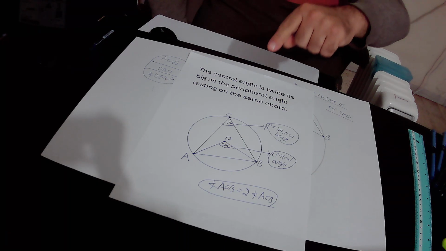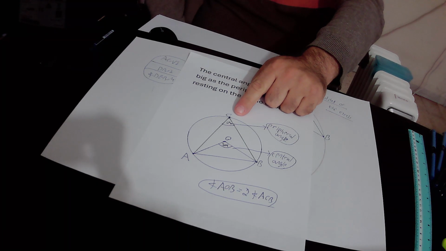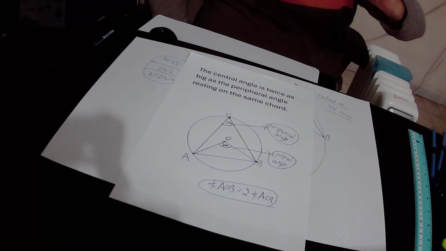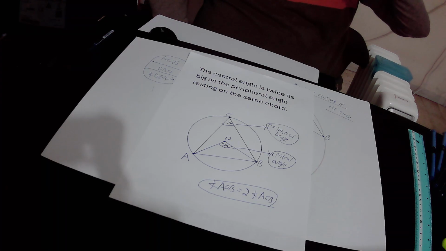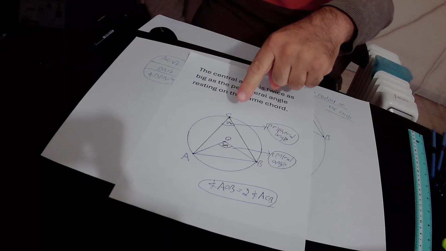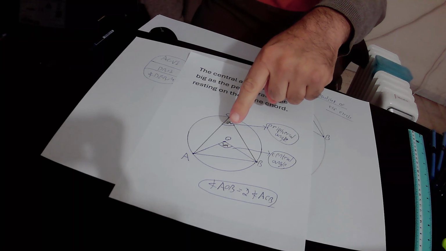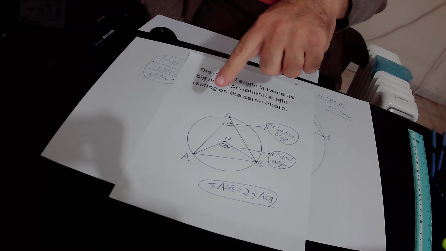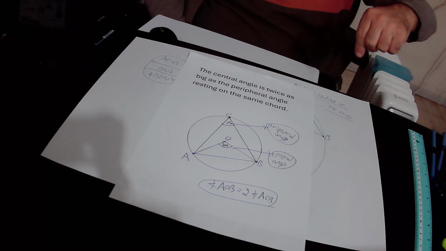So because the peripheral angle equals alpha, the central angle that rests on the same chord must be equal to 2 alpha. Okay, so the central angle is twice as big as the peripheral angle that rests on the same chord. So if the peripheral angle equals alpha, then the central angle equals 2 alpha. Why? Because those two angles are resting on the same chord AB.